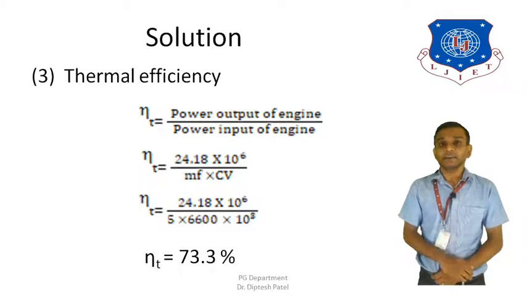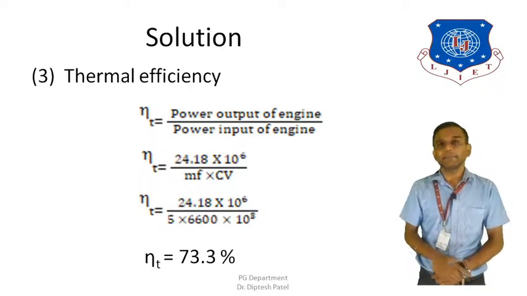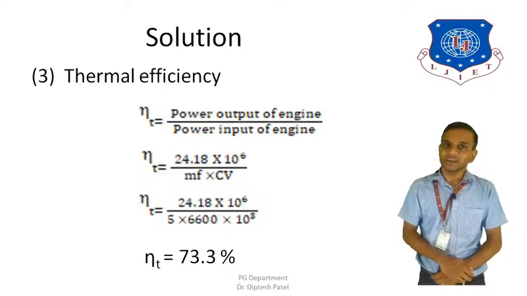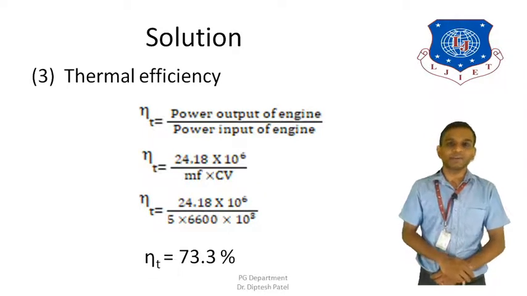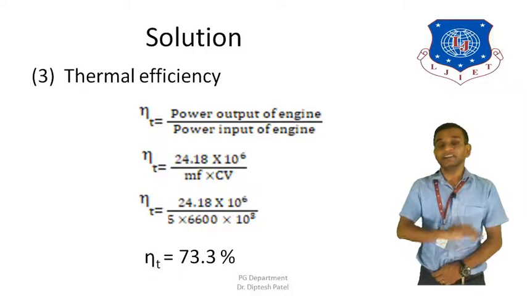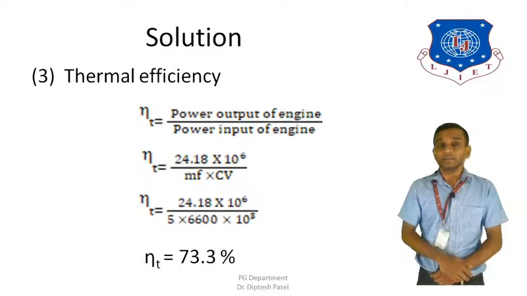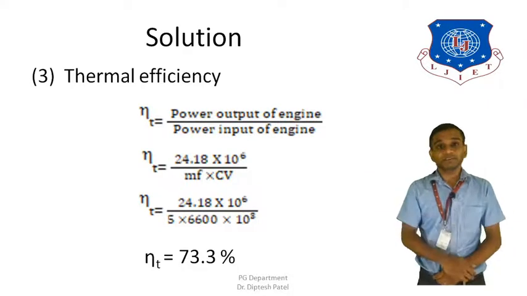Basically, the thermal efficiency can also be improved or enhanced by certain modifications in the jet engine or the rocket engine, and people are doing a lot of research to improve the thermal efficiency. Even if they achieve just 1%, that is a lot of saving for rocket operations. So thermal efficiency, that was the third finding.